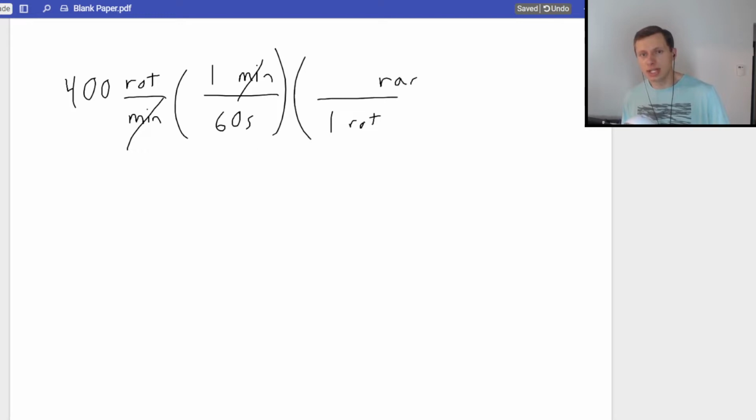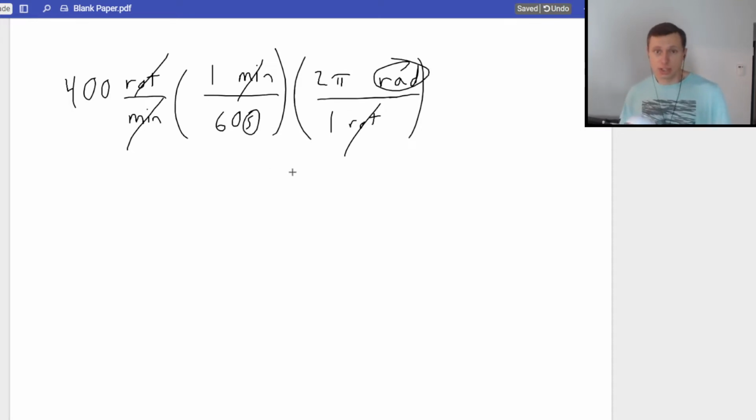And how many radians are in 1 rotation? How many radians are in a circle? The answer is 2 pi. So we multiply by 2 pi radians over 1 rotation. Rotations will cancel out. We're left with radians per second. Now I'm just going to multiply this across in my calculator. It's 400 times 2 times pi divided by 60. We're going to get a final angular speed of 41.89, let's say.